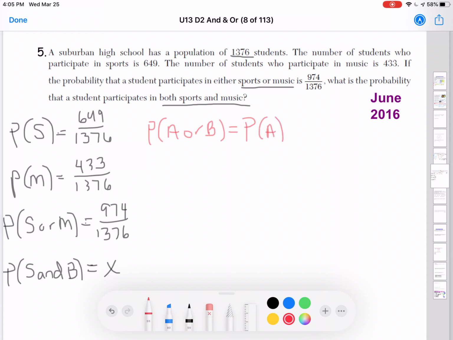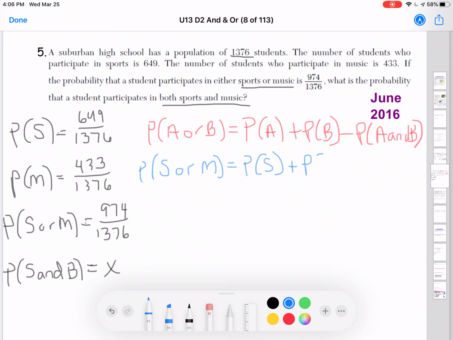So the probability of A plus the probability of B minus the probability of A and B. And then we could change this over to sports and music if you want. Probability of sports or music is equal to the probability of sports plus the probability of music minus the probability of sports and music. Okay, so pull your information right from the side. And you're just going to use a calculator to solve the equation.